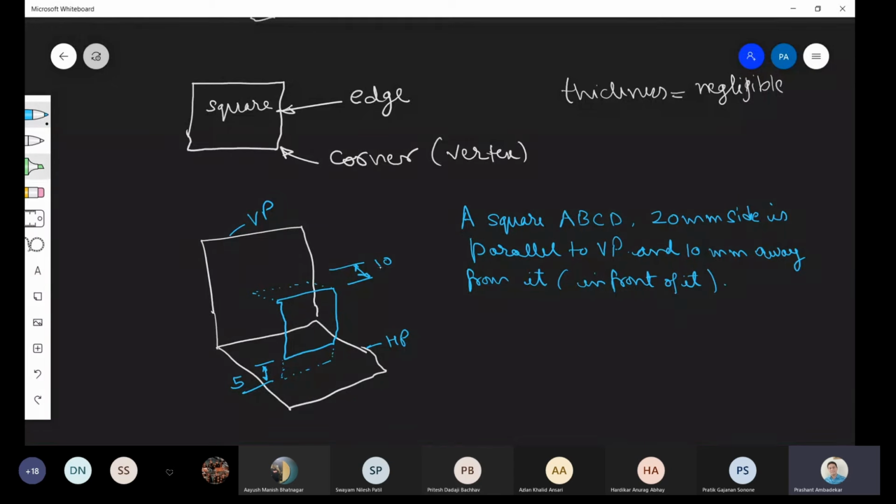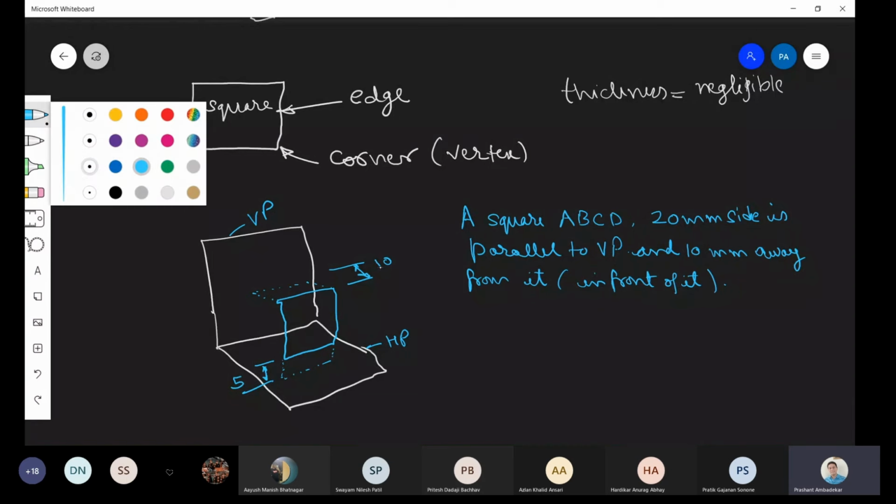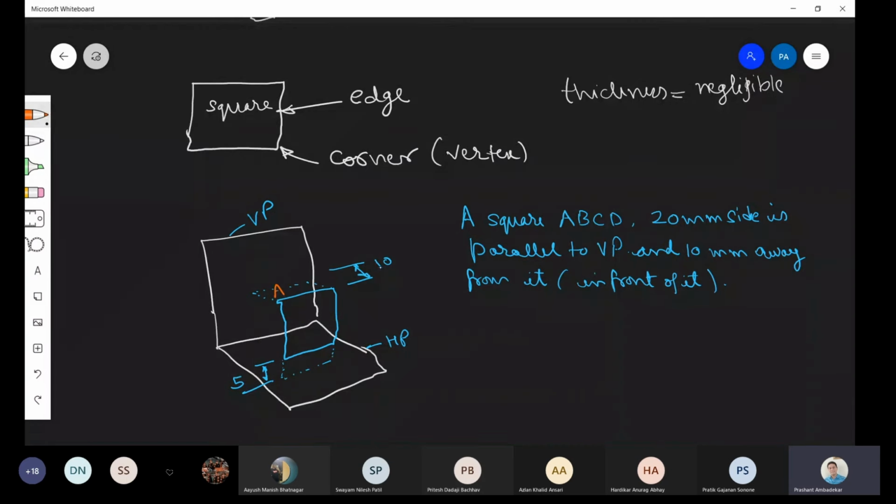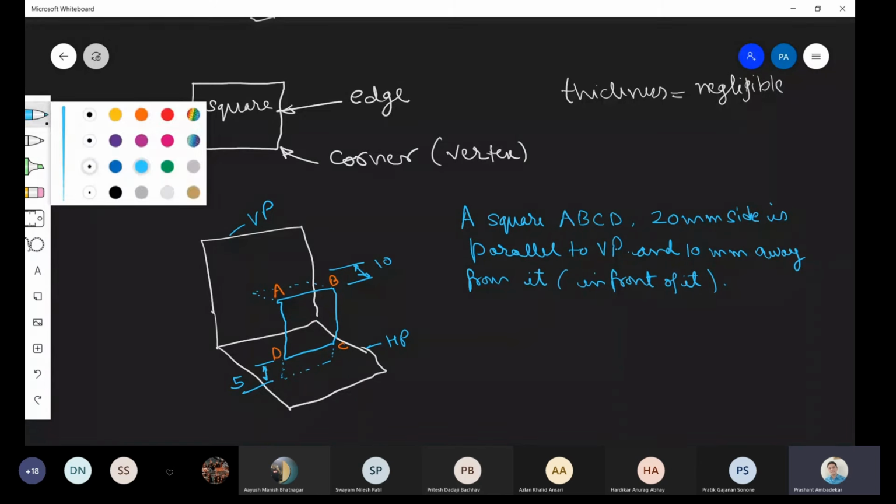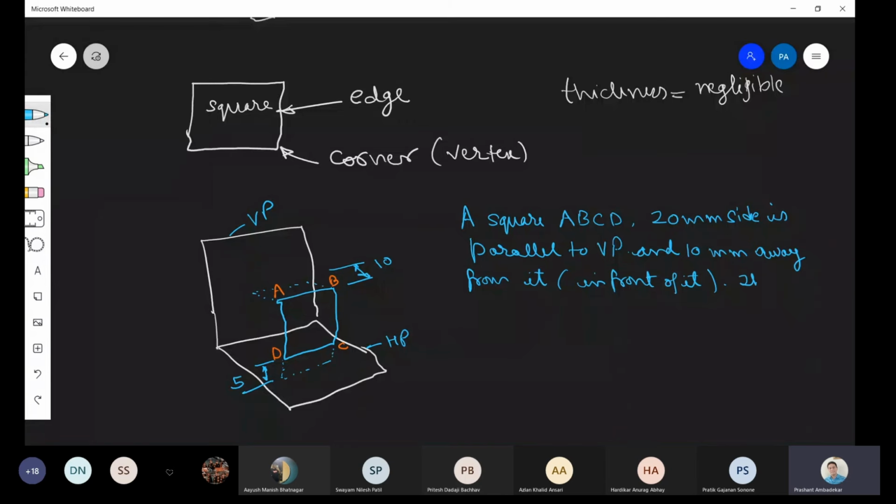If I name this, then suppose the name is A, B, C, and D. Then I can say the edge DC is 5 mm above HP, and draw its projections. Is the question and answer clear to all of you?